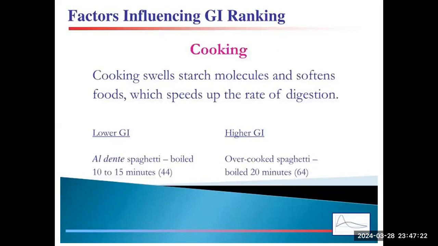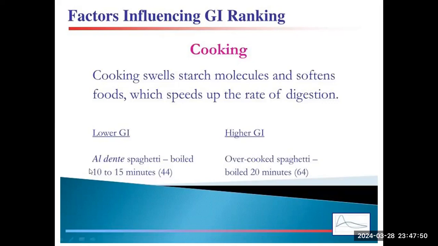Cooking. How cooking affects the glycemic index ranking. Cooking swells starch molecules and softens food, which speeds up the rate of digestion. It means cooking helps the digestion of food. Again, which food gives you a lower glycemic index and which a higher: this one the higher, and this one the lower.